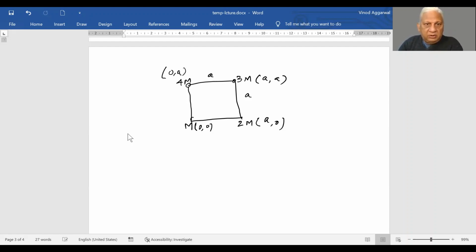Now our objective is to find the center of mass of this system of particles. The easiest way to do it is to take the component-wise center of mass.